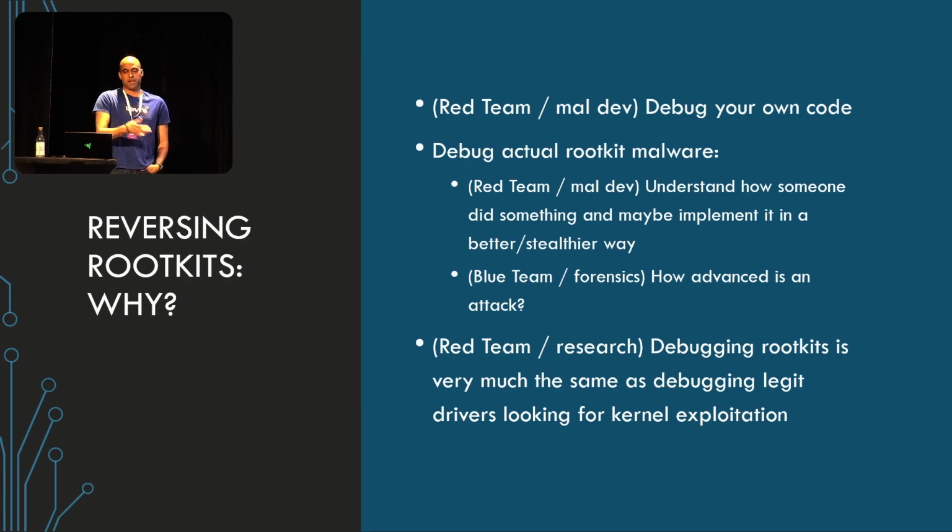If they're using basic out-of-the-box interpreters and Mimikatz and whatnot, you can be quite confident that they're not going to do anything very magical. Whereas if I see them using new techniques and rootkits that I've never seen before, techniques that are very advanced and very stealthy, I will be very suspicious and try to analyze everything in more detail. So there's definitely value in understanding how advanced an attack is.